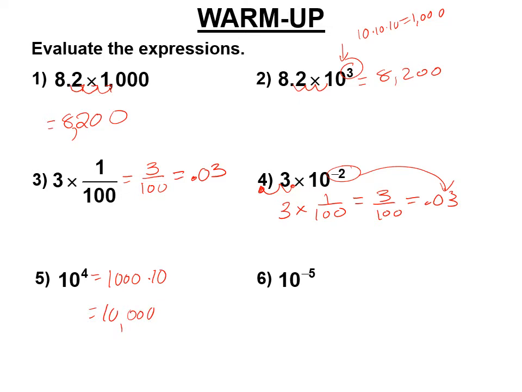So what's 10 to the negative fifth? Well, 10 to the fifth, multiplied by 10 again, gives you 100,000. So 10 to the negative fifth is 1 over 100,000. It's the reciprocal. Negative exponents make reciprocals, not negative numbers.